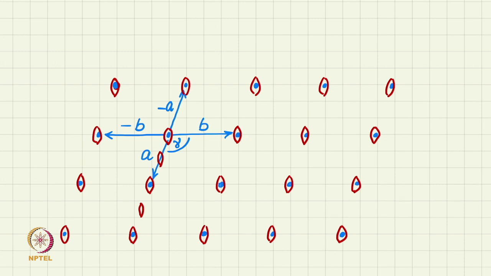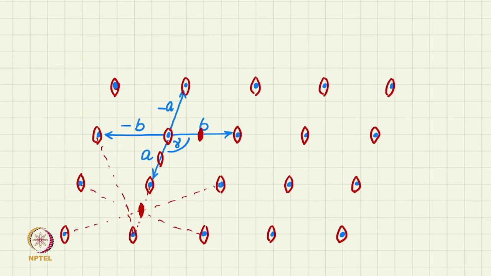That is also a two-fold axis, because if I rotate about this two-fold, let us say, then it will take these two lattice points into each other, and it will take this lattice point into the lattice point down below. So, the midpoints of the lattice points are also two-folds.